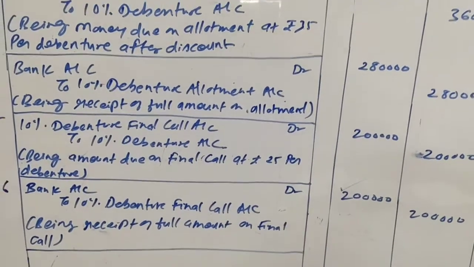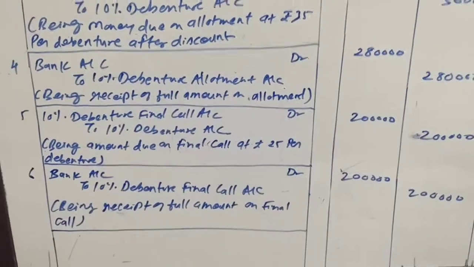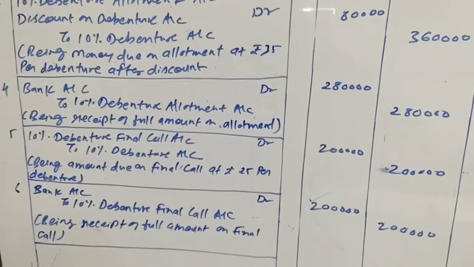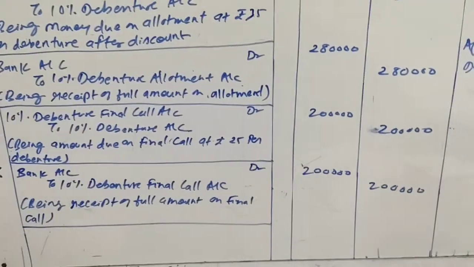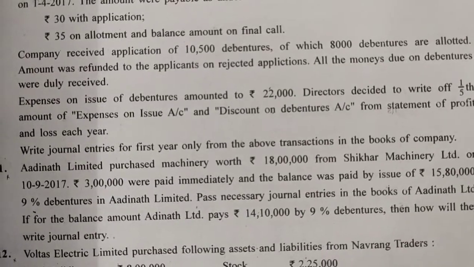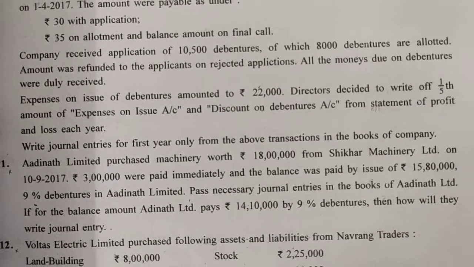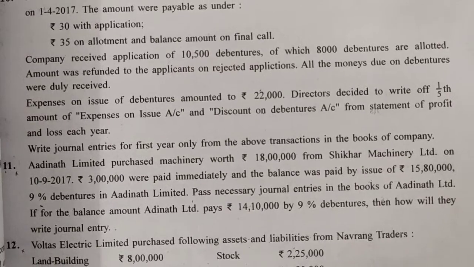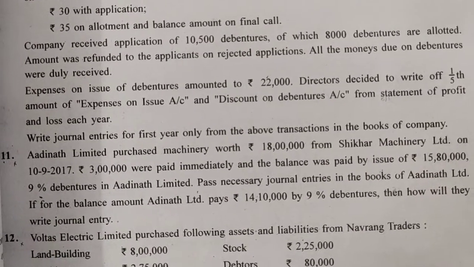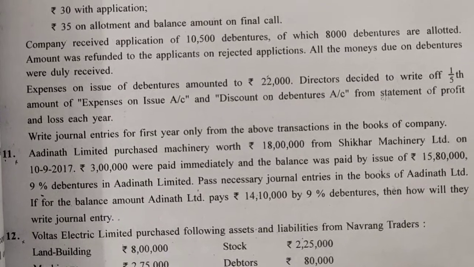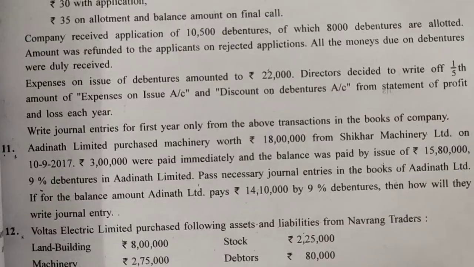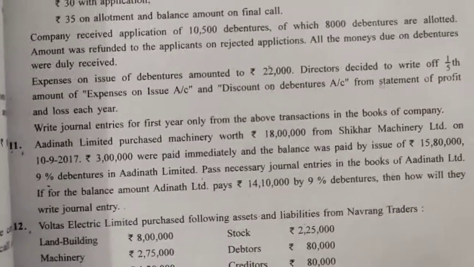One more piece of information is given about this sum, about expense on issue. So let us go through that information again. The information says expense on issue of debentures amounted to rupees 22,000. Directors have decided to write off 1/5 of the amount of expense on issue account and discount on debentures account from the statement of profit and loss account each year.